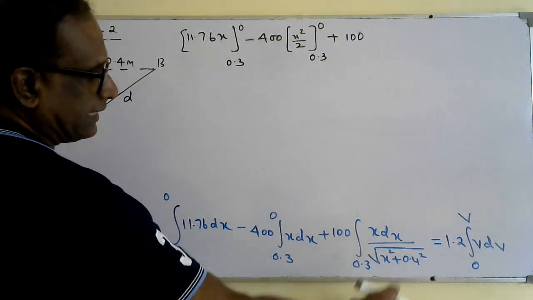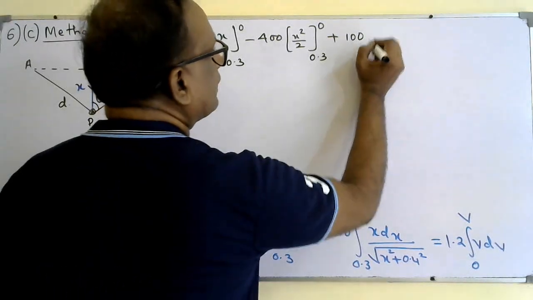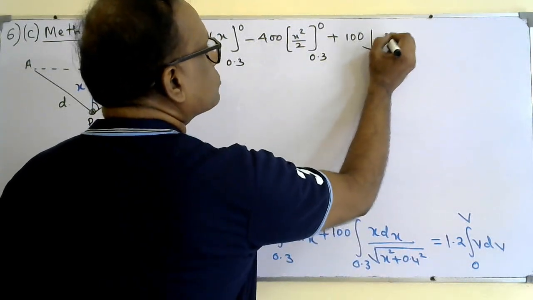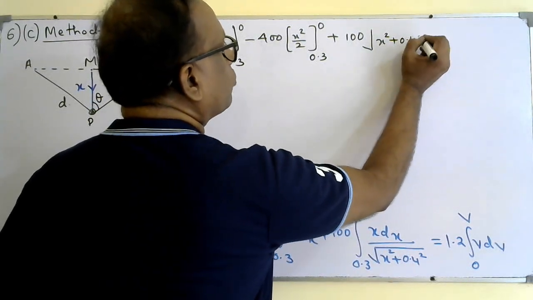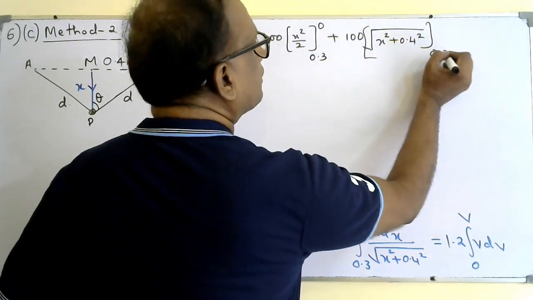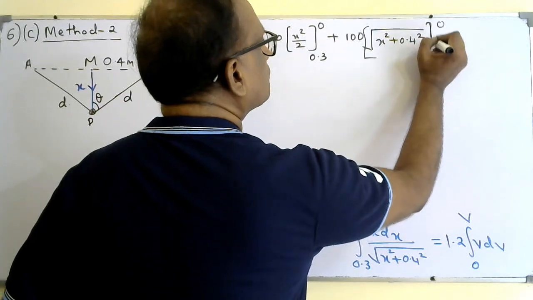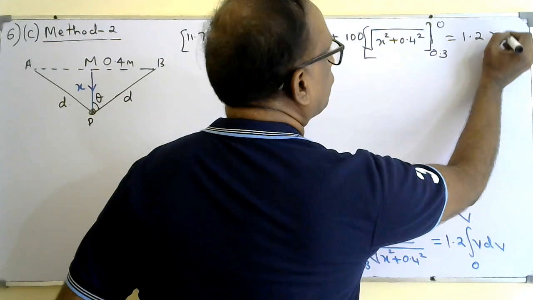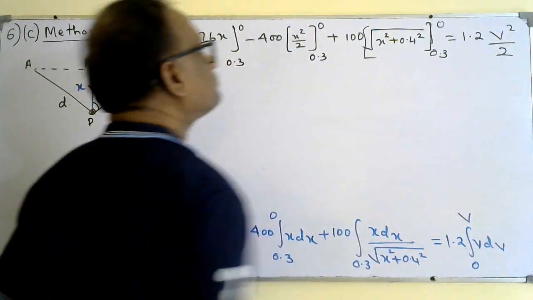I already explained the integration. So it's going to be 100 square root of x squared plus 0.4 squared, the limit from 0.3 to 0, equal to 1.2 v squared by 2.